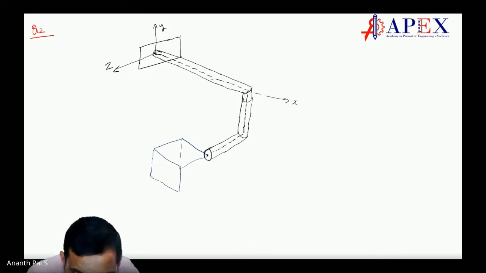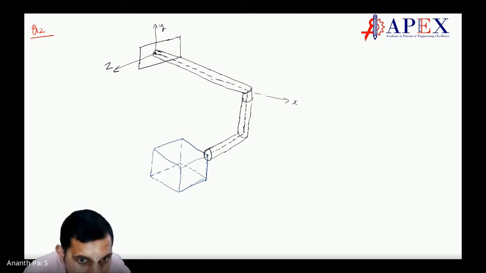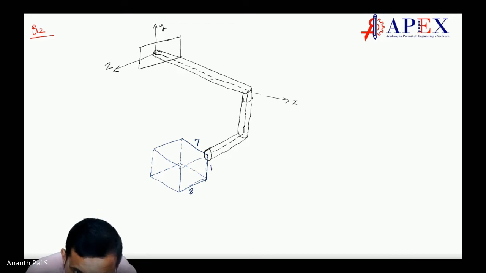As usual, making it complicated so that we will get the proper things. Correct, students? So now let us say this side is 7, this side is 8, and this side is 10.